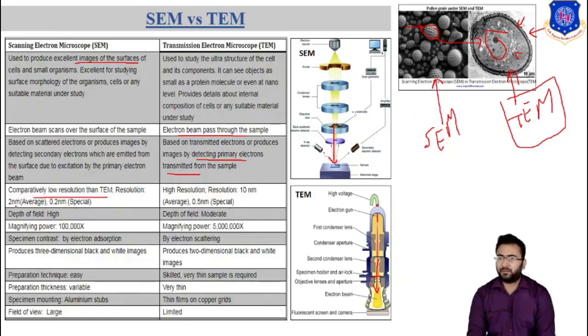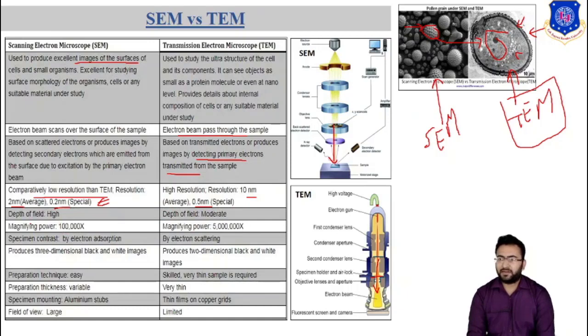Resolution in SEM is about 2 nanometer to 0.2 nanometer for the spatial resolution, whereas in TEM we get high resolution, about 10 nanometer to 0.5 nanometer.